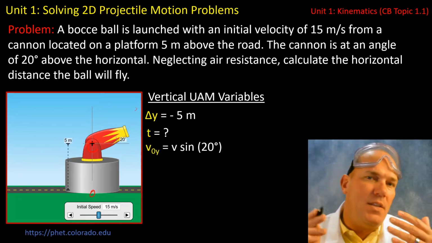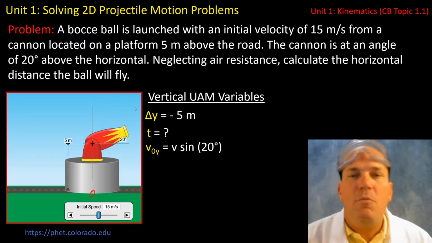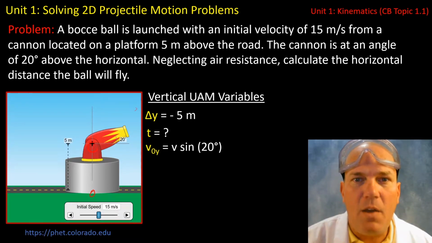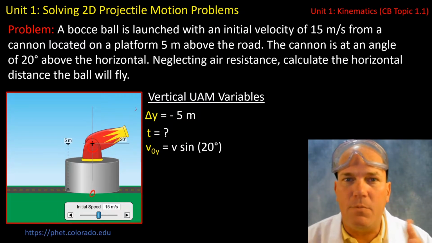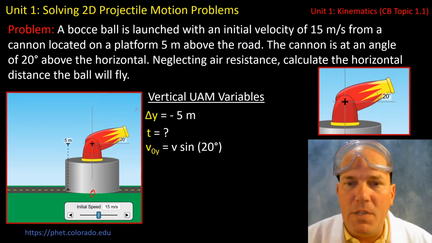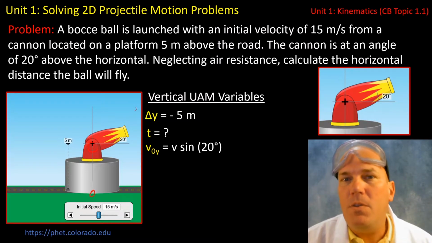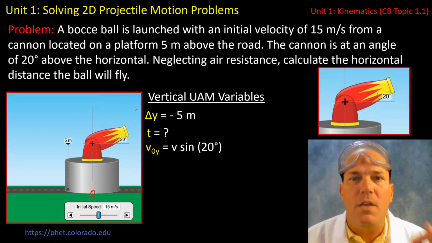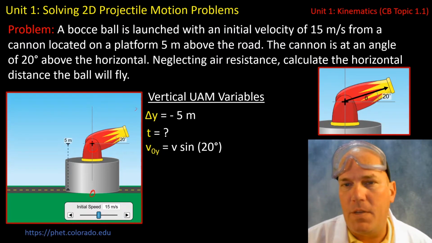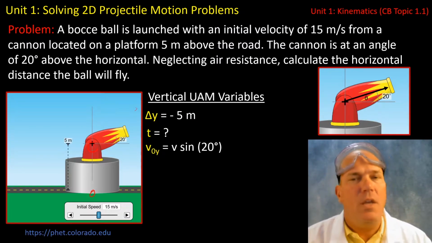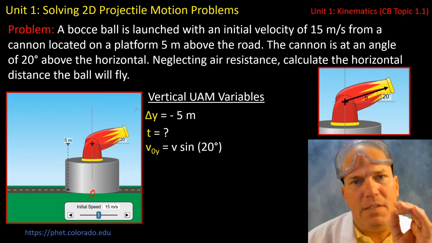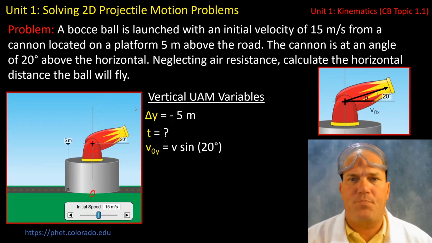What about its initial vertical velocity? Well, as you learned in the previous video, we can use trigonometry to resolve the resultant vector into X and Y components. Let's take a look at that. Above my head here, you can see the cannon. Now let me show you the right-angled triangle so you can understand the trigonometry involved here. We have our hypotenuse, which is the 15 meters per second launch velocity.